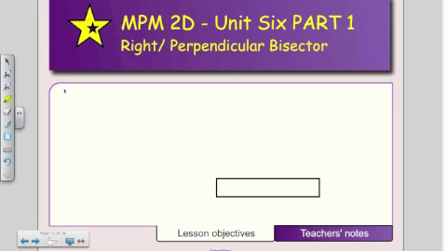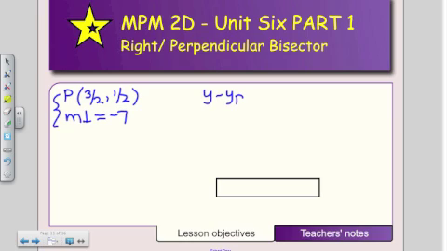So I'm going to use my point, 3 over 2, 1/2, as well as my perpendicular slope, which is equal to negative 7. I'm going to plug it into y minus y point is equal to slope times x minus x point.